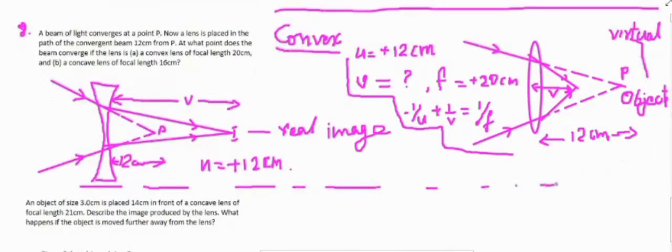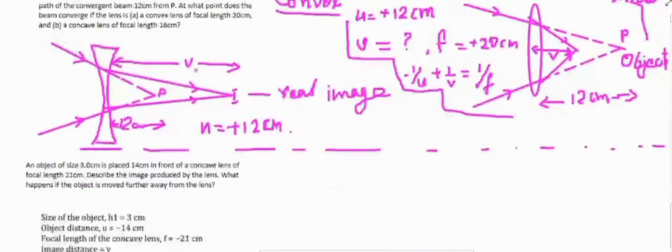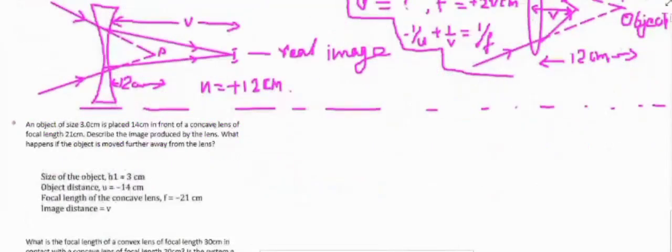Otherwise, a concave lens can form only a virtual image. Okay, come to question 9. An object of size 3 centimeter, object distance is minus 14 centimeter, focal length of concave lens, as it is a concave lens, focal length is negative, minus 21 centimeter.